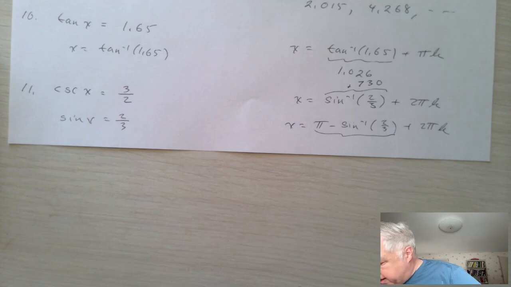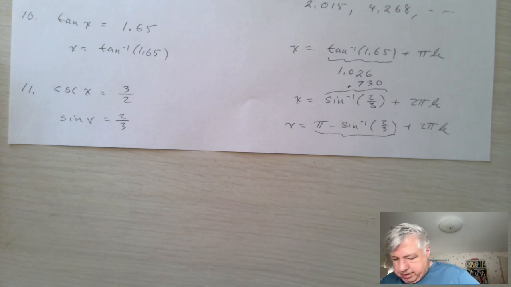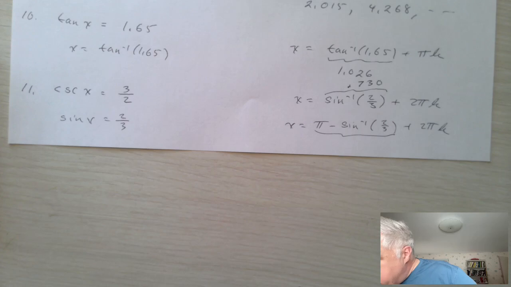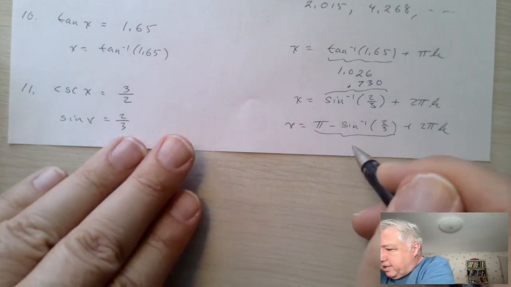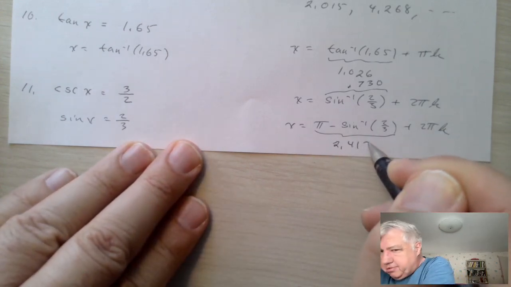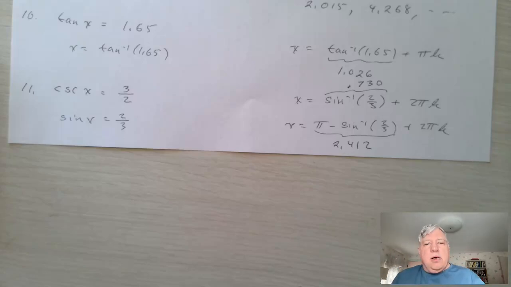So we have pi minus the inverse sine of 2/3. Oops, I mistyped something. Okay, I was right the first time. So this is 2.412. I kept you in suspense there.